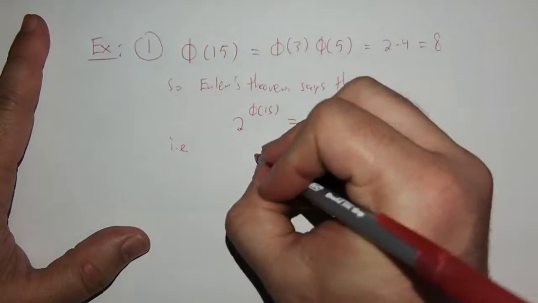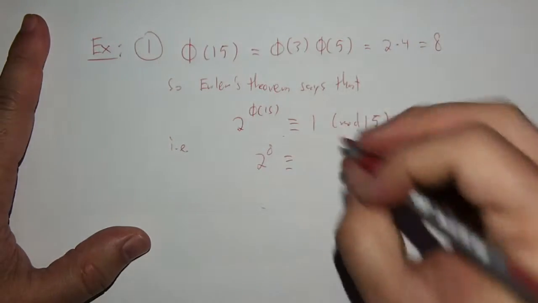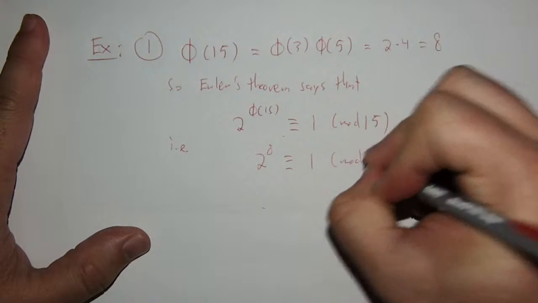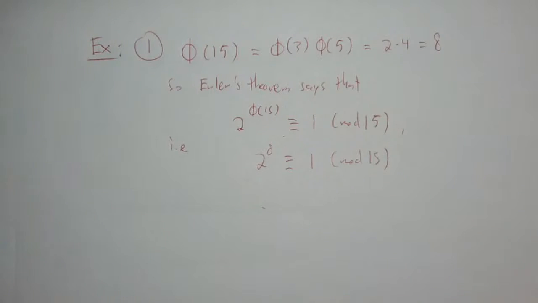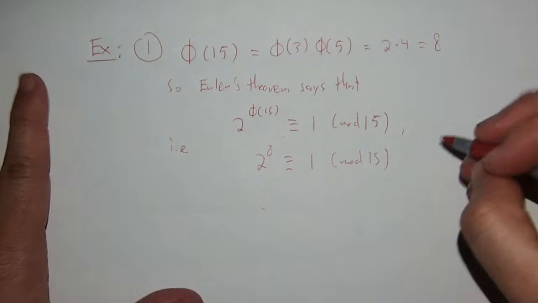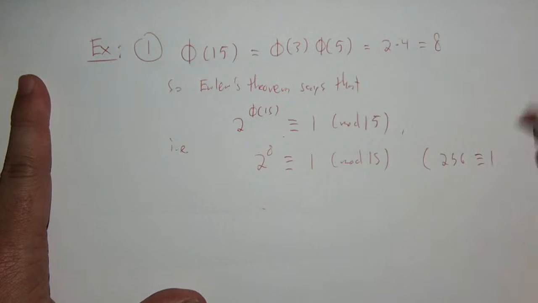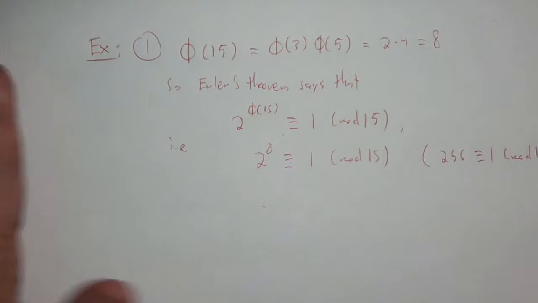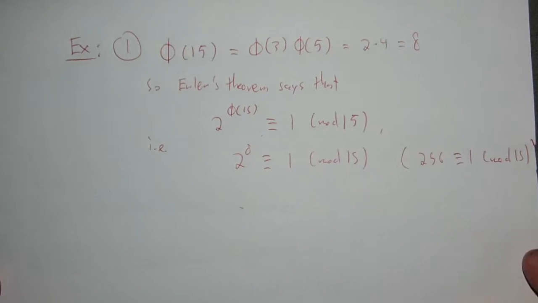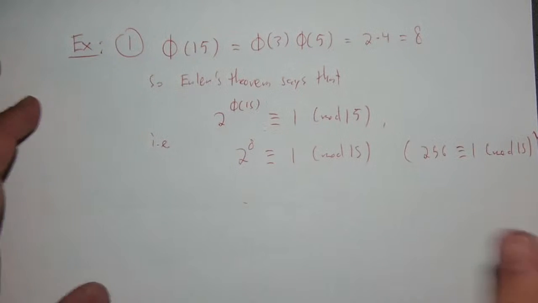Since phi of 15 is 8, this is saying that 2 to the 8 is 1 mod 15. In fact, you can check that indeed 256 is congruent to 1 mod 15. All right, so this is one application of Euler's theorem.